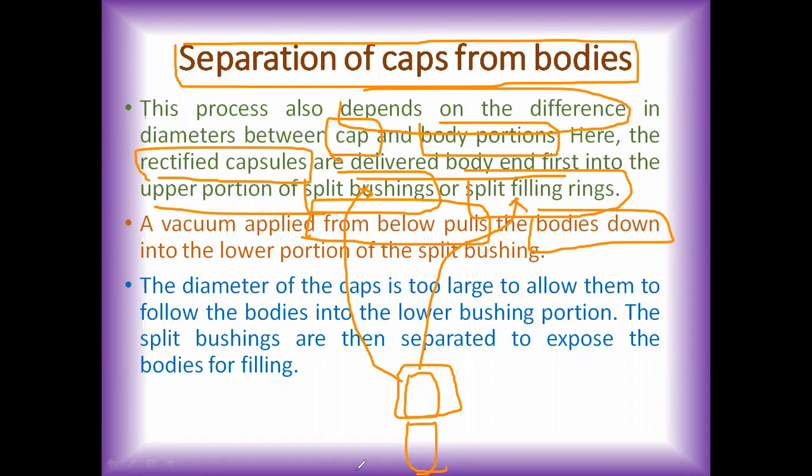And this lower portion, that is the body part, what is done? Vacuum is applied, and it pulls the body downwards in the lower portion of the split bushing.